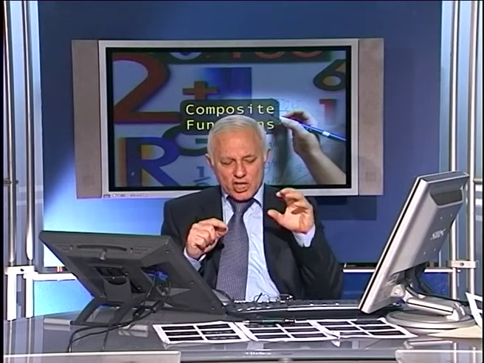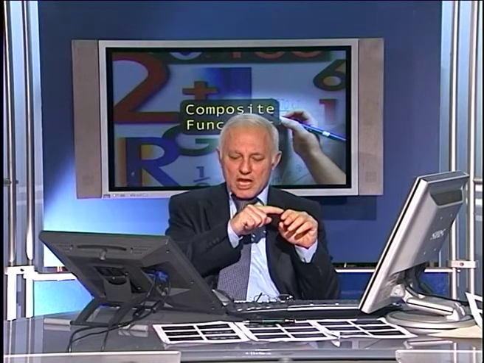To make sure that the second one operates, you make sure that what comes out from the first operation can be fed into the second operation. In order for this to occur, the range of the first function must either lie totally inside the domain of the second function, or at least intersect with it.